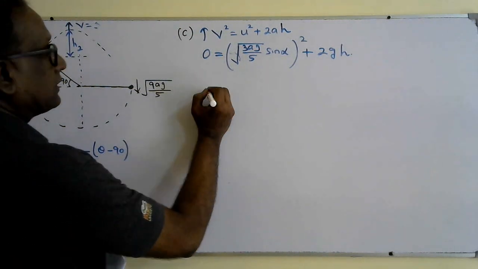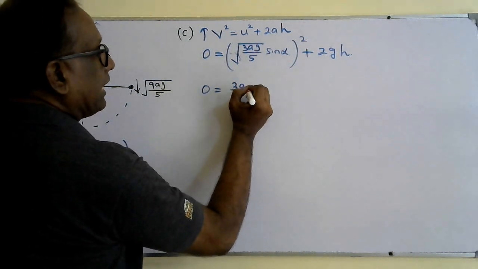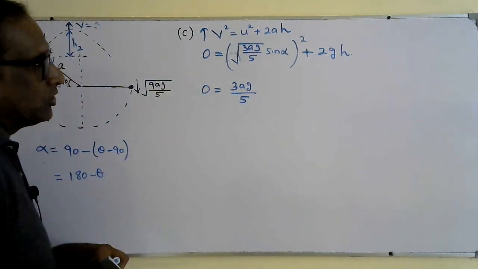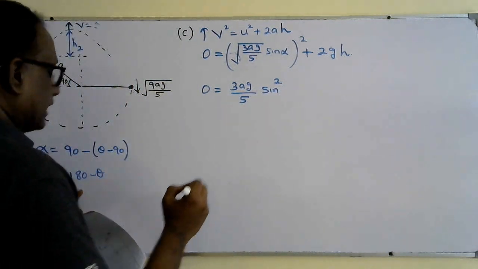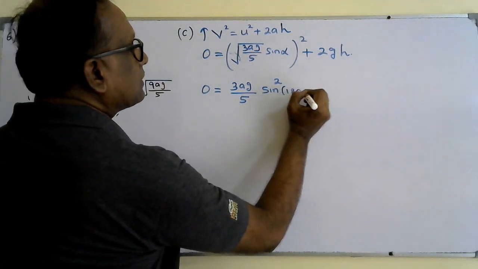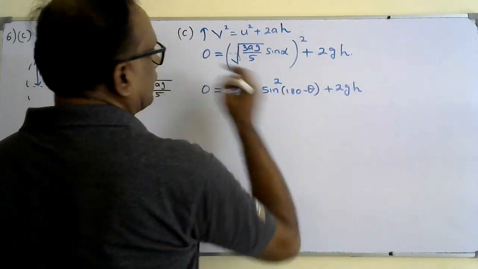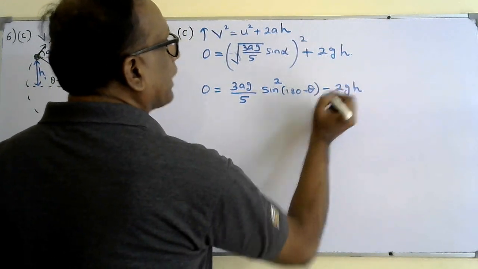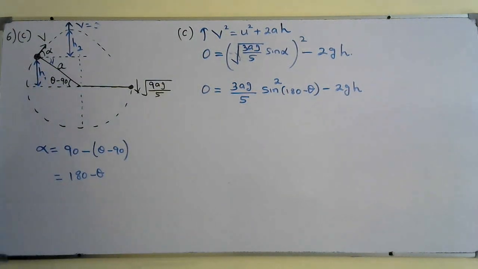So we'll solve further. 0 equals the square root of 3ag over 5, sine squared of alpha, 180 minus theta, plus 2gh. Upward, g is negative because gravitation is downward, so here we should have minus 2gh because I'm taking the upward direction.